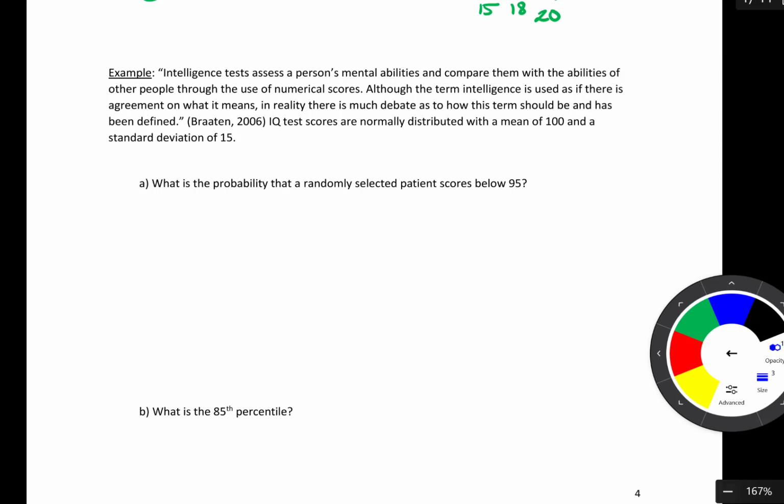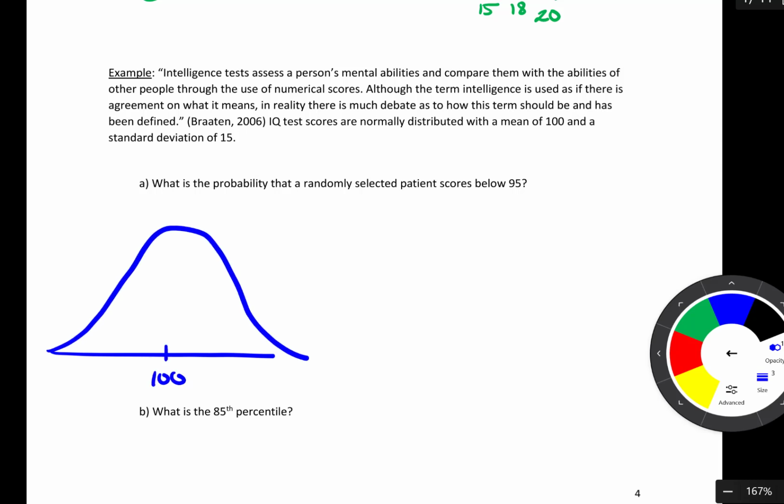So again, thinking about what my normal distribution looks like, we know it has a mean of 100. And if I'm interested in the value 95, and I want to know the probability that we score less than 95, that's the same as finding the area under this normal curve. Notice this is a cumulative probability because I'm saying I'm interested in the probability that y is less than or equal to 95.